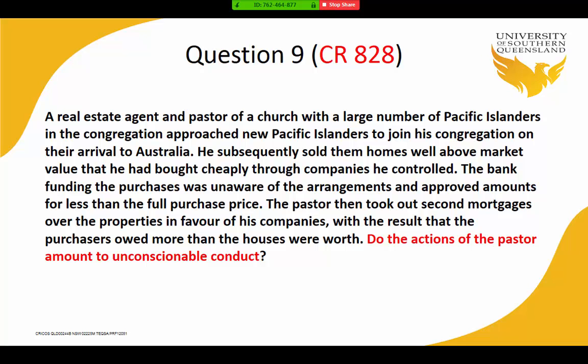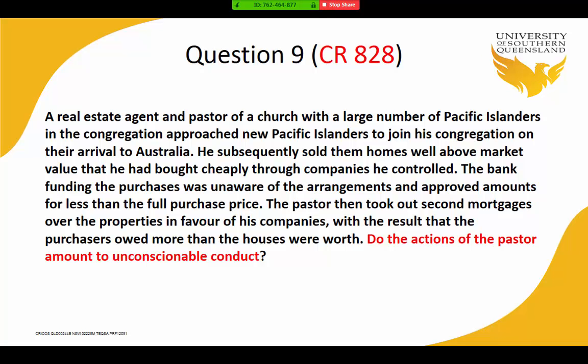He subsequently sold them homes well above market value, like Enron, that he had bought cheaply through companies he controlled. The bank funding the purchases was unaware of the arrangements, or they could have been just like with Enron, and approved amounts for less than the full purchase price.